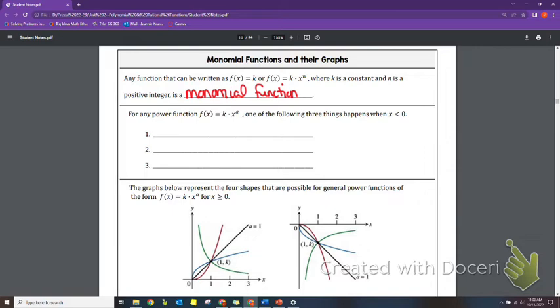Either f is undefined for where x is less than 0, or f could be an even function, so it makes sense, or f is an odd function.